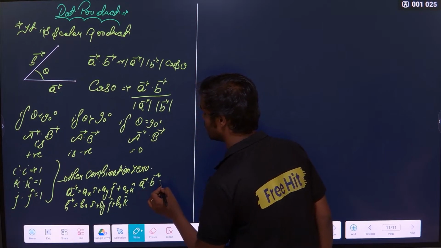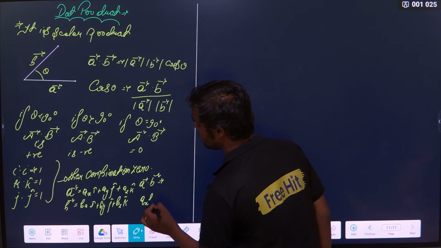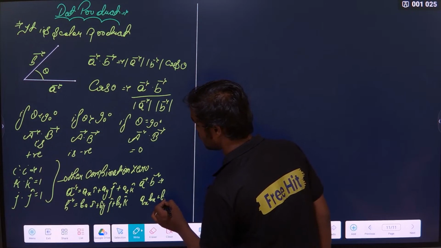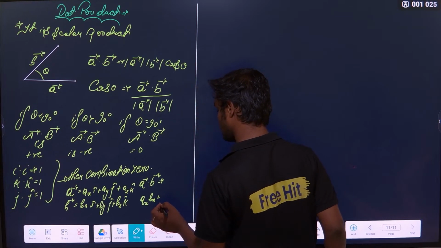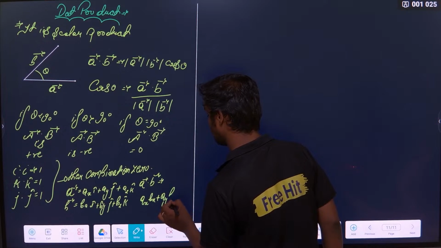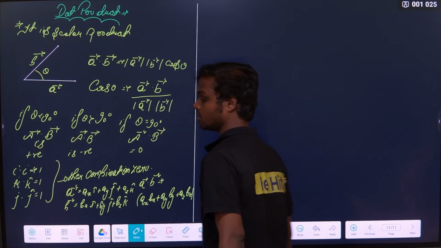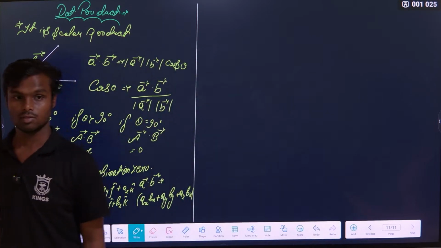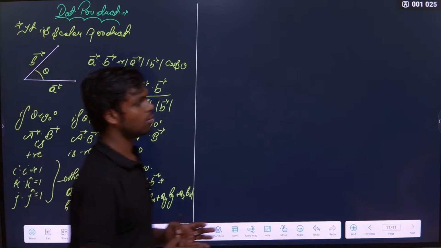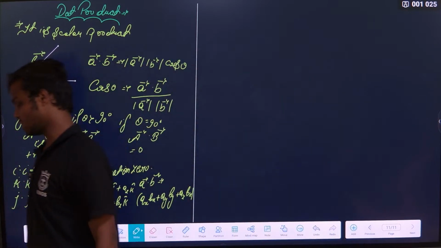How will you do it? Just multiply the i component with the i component, the j component with the j component, and the k component with the k component, and add them. That is A dot B vector. So this is how we can find the dot product of two vectors, and from there we understand how to calculate the angle between the two vectors.